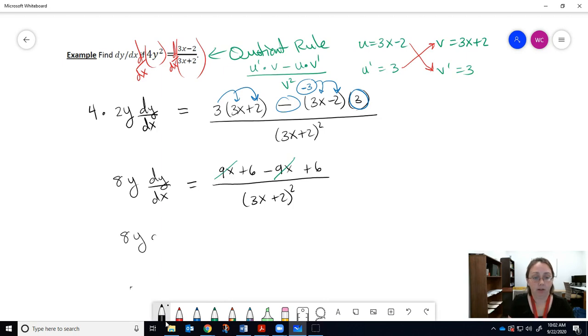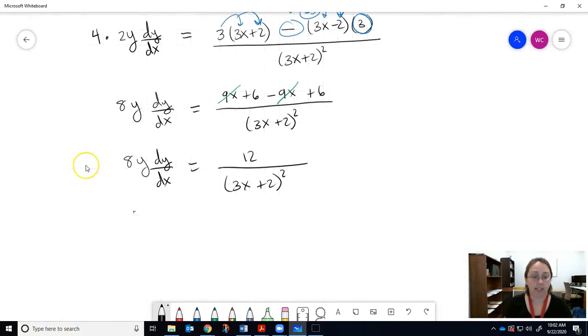So 8y dy/dx equals 12 over (3x plus 2) squared. How do we get dy/dx by itself? It's right here. We divide by the 8y. So we put 8y in the bottom. Well, now we have 12 and 8.